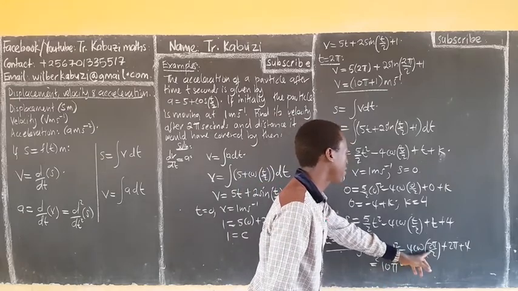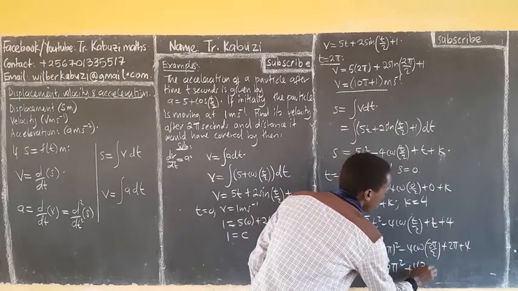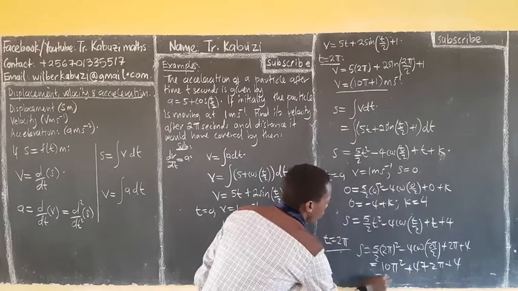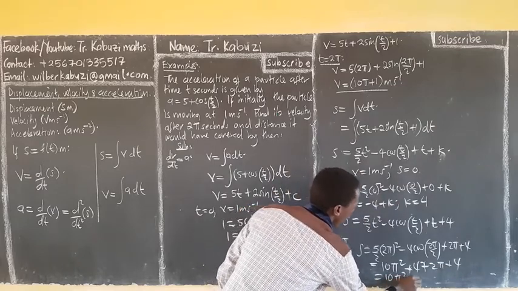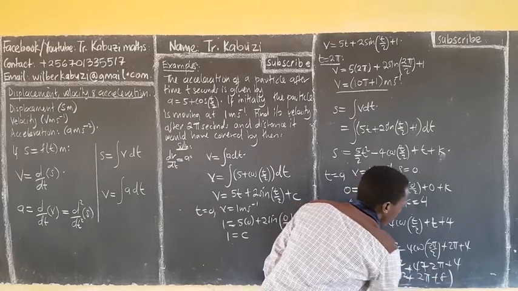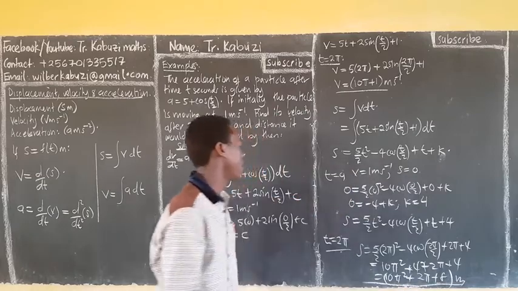Cos of 180 is -1 times this negative, you get plus 4, plus 2 pi, then plus this 4. So this will give you 10 pi squared plus 2 pi, then plus 8. All this is in meters because distance is measured in meters.